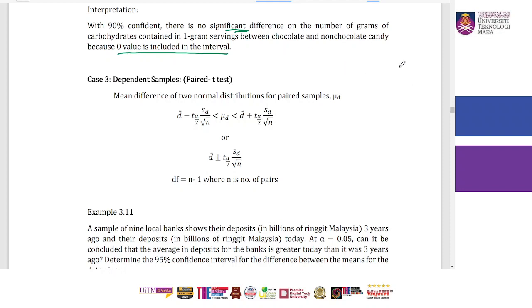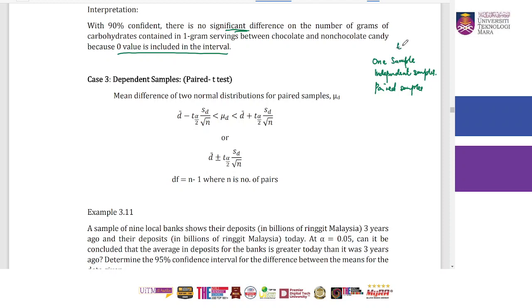Okay, dia ada one sample. Kita ada independent sample. And kita ada paired sample. Ataupun paired t-test.